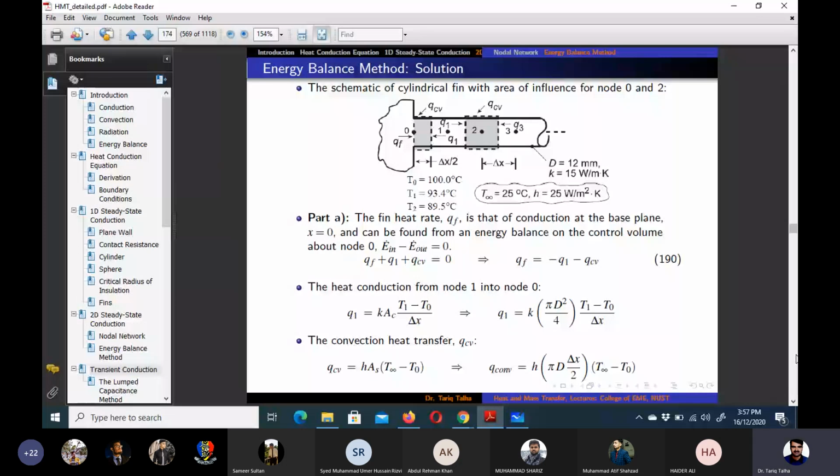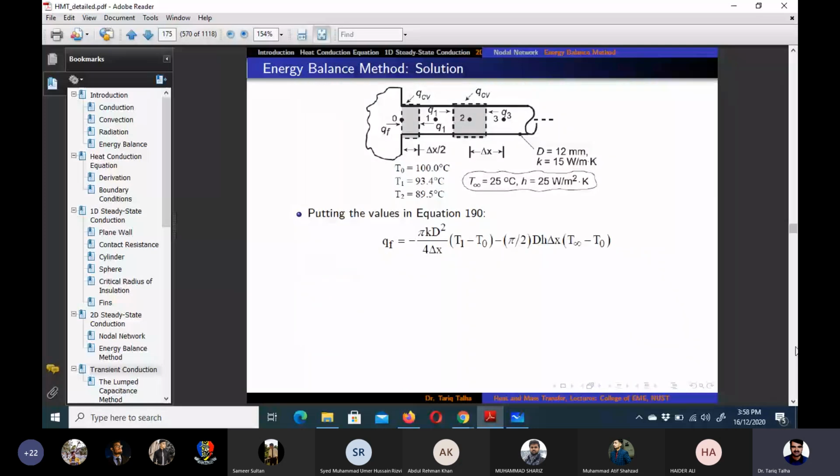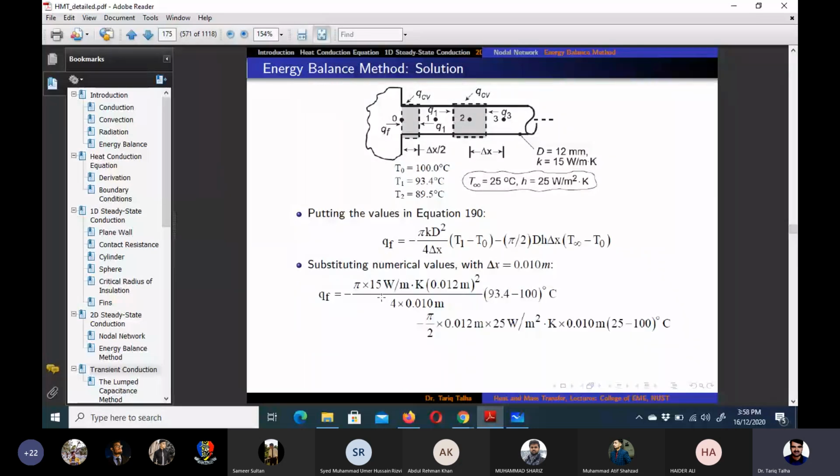So all we need to do is put in these two values in equation 190 and then put in the numerical values. K value is given 15, and then T1 is given in the data, that is 93.4, and then T naught is also given 100, which is here, and then 4 into delta x is given as 0.01.